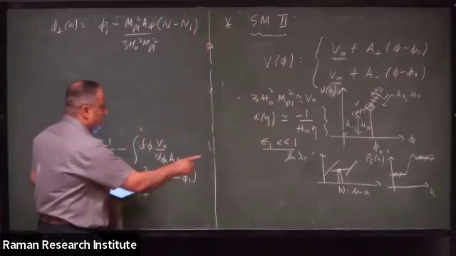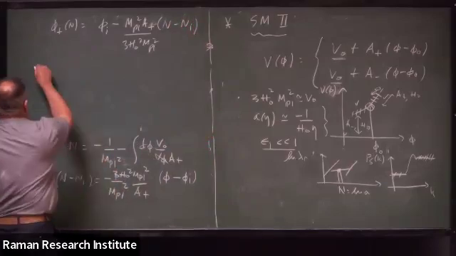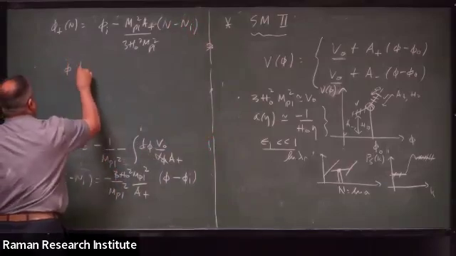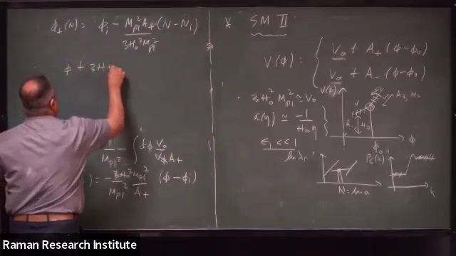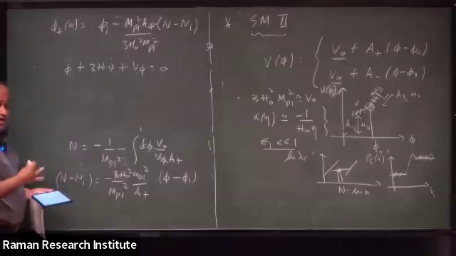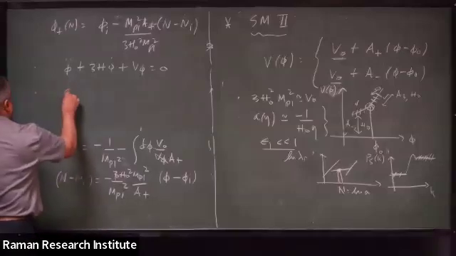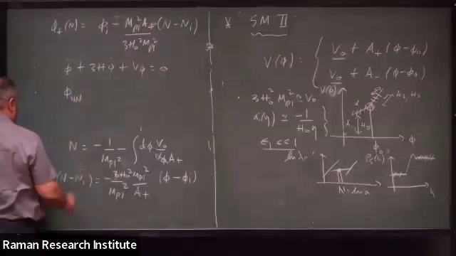Now, we need to solve the field equation across the potential. I'll leave this as an exercise for you to do. It's not very difficult to do. Remember, this is the field equation, plus V phi equal to 0. This is the exact equation, right? And what you can do is write it in terms of phi and n.